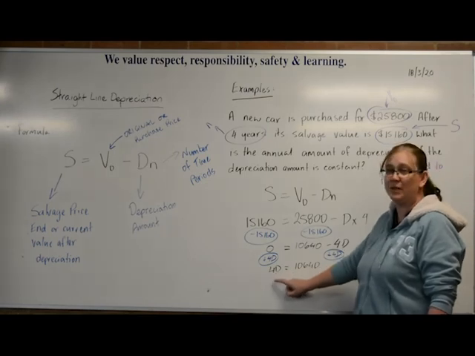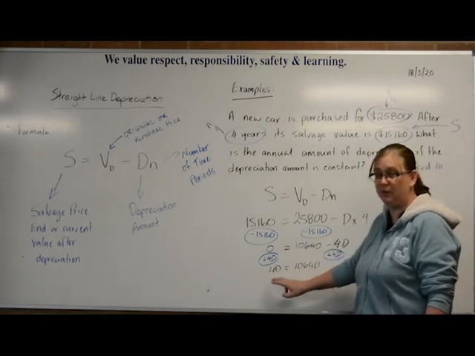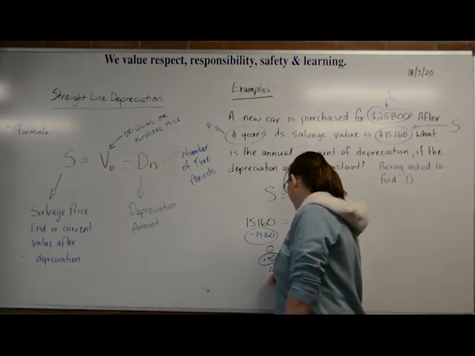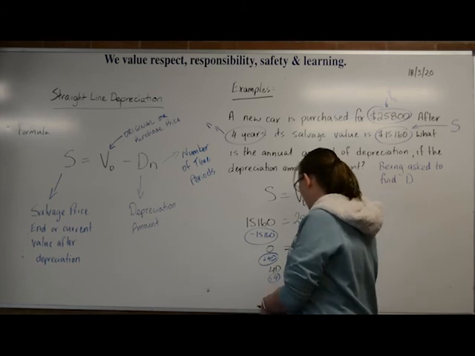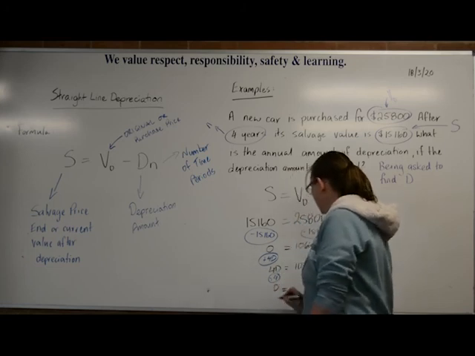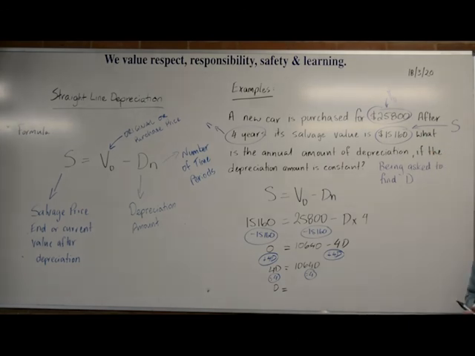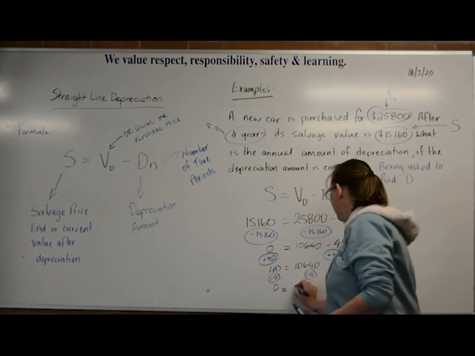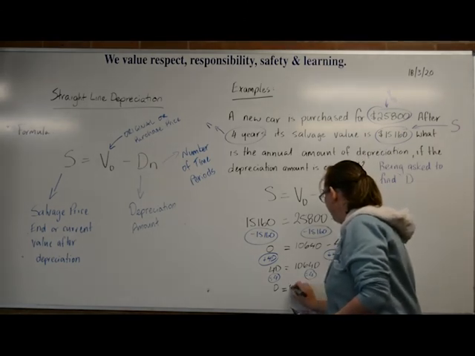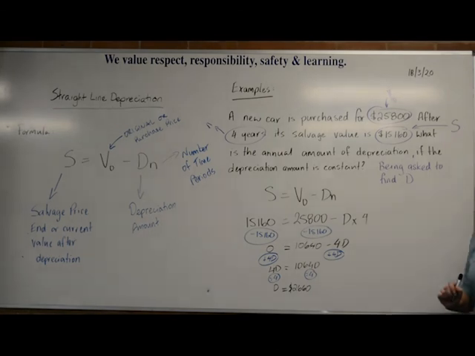I'm going to divide, because what am I actually doing by 4? I'm multiplying, so I need to do the opposite, so I divide. What is 10,640 divided by 4? 2,660. And there's our annual depreciation rate. Alright, so that's how that all works.